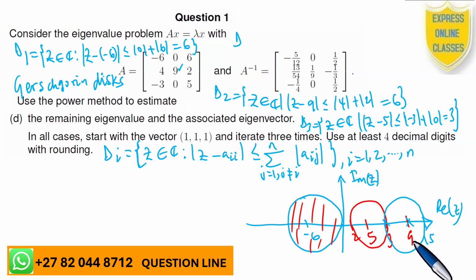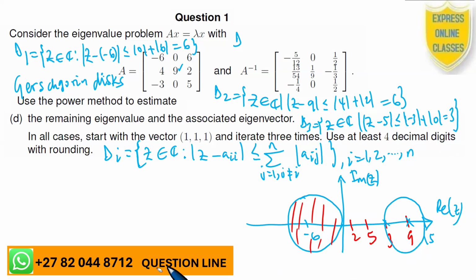Okay, so at this point you realize that you have certain disks. This one here is going to be center 5 with radius 3.